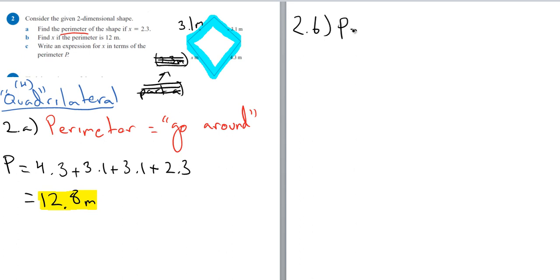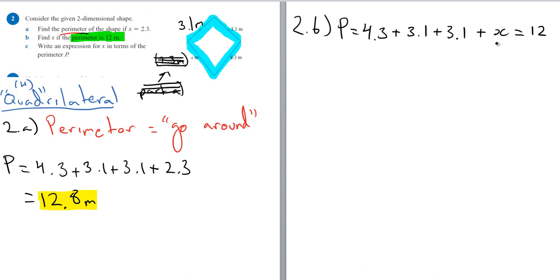Well, what we know is that the perimeter from before is the same as 4.3 plus 3.1 plus 3.1 plus, and then the final length, we don't actually know at the moment. That stays as x, so we just write x. But we also know that the whole perimeter is equal to 12 meters, because we've been told that over here. So we have equals 12 on this side, because we know that the perimeter equals 12.